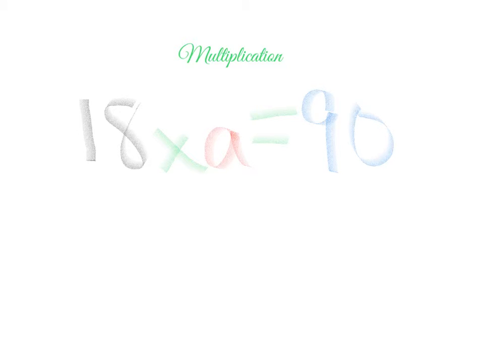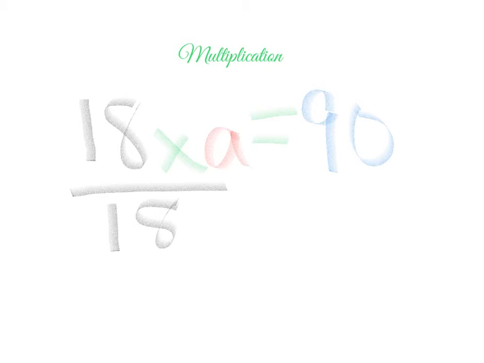So this time, because it's a times problem, we would need to do the opposite of times to solve the problem, to isolate the A. So instead of subtracting, we would divide 18 from both sides.